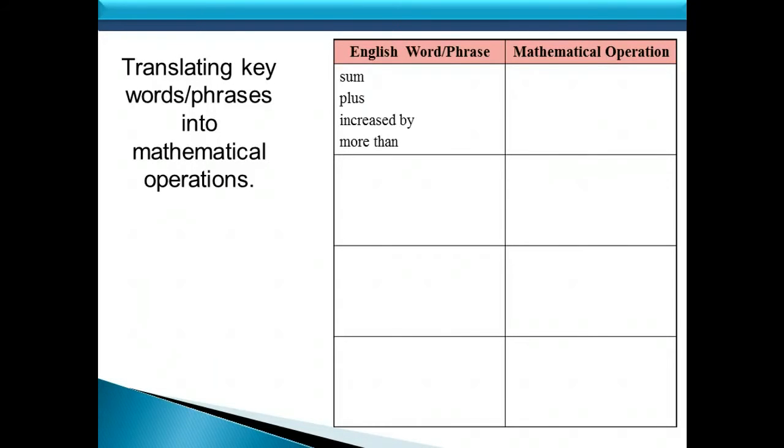So for example, the word sum, or the word plus, the phrase increased by, and the phrase more than, all indicate the mathematical operation of addition. And then the word difference, minus, the phrase decreased by, or the phrase less than, all indicate the mathematical operation of subtraction.